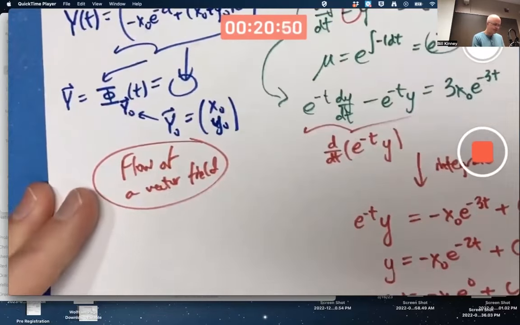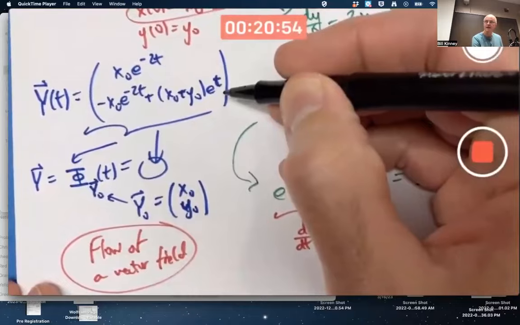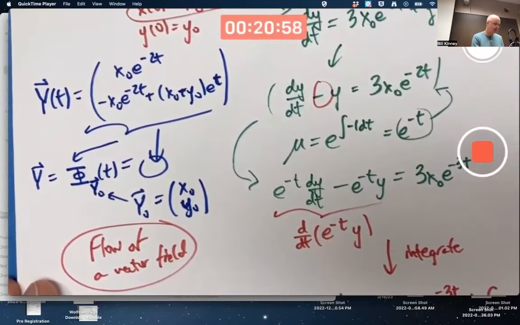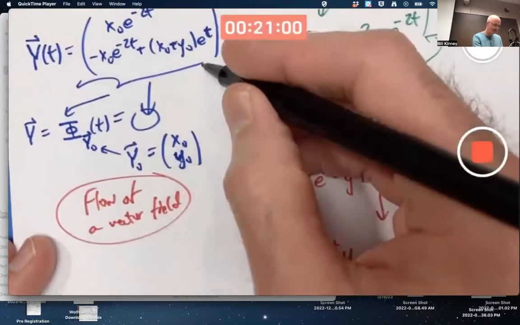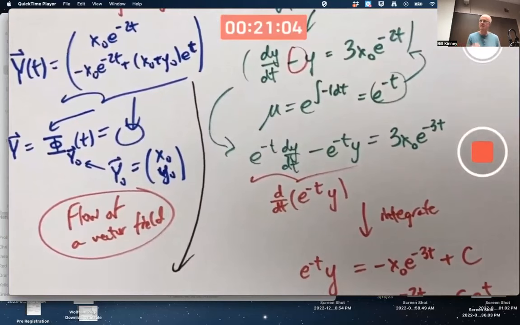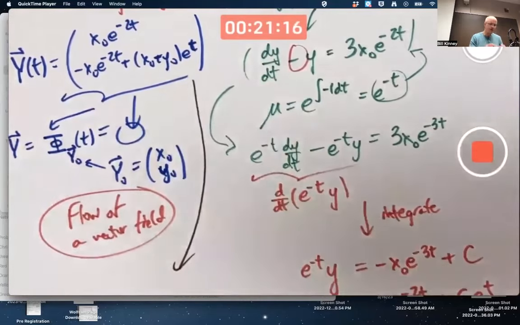It turns out that this vector here can be written as a matrix times a vector. What matrix times what vector? Well, if you think about the definition of a matrix times a vector as a linear combination of the columns of the matrix with the components of the vector as the weights, we can break this vector into pieces.